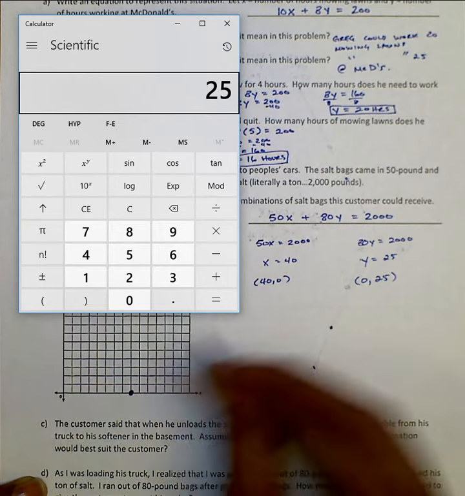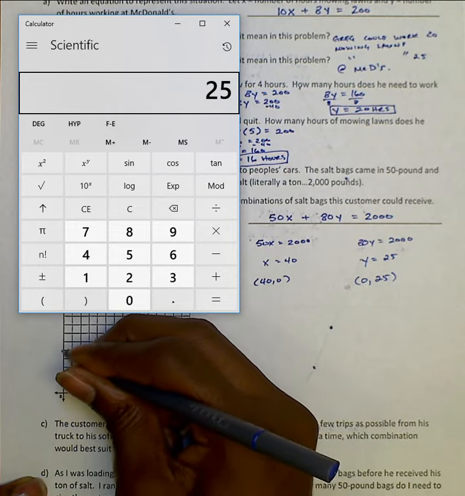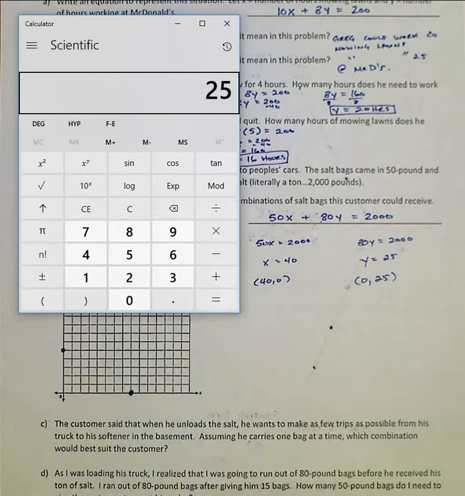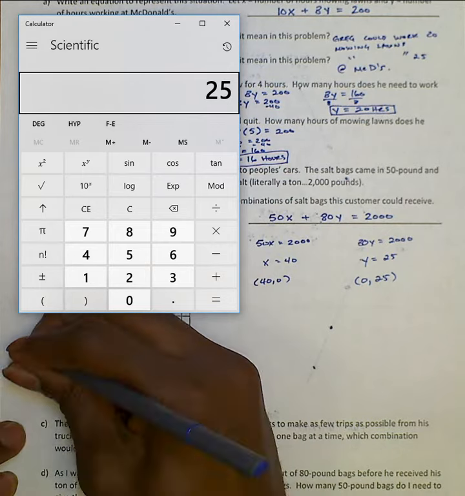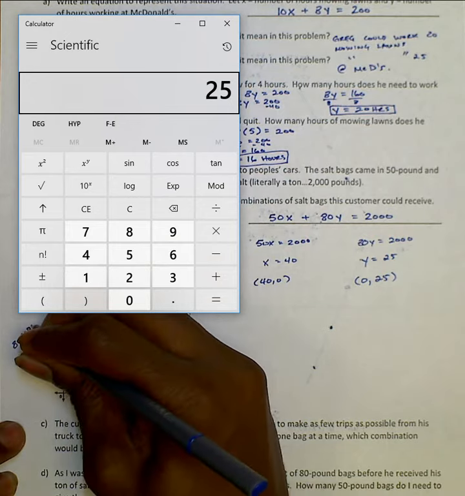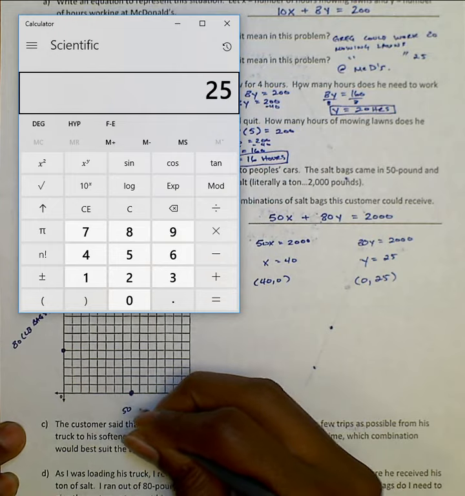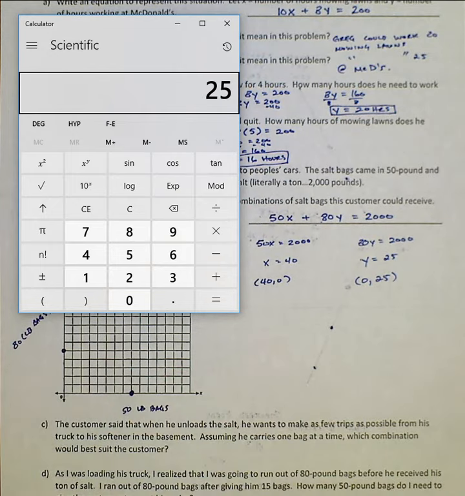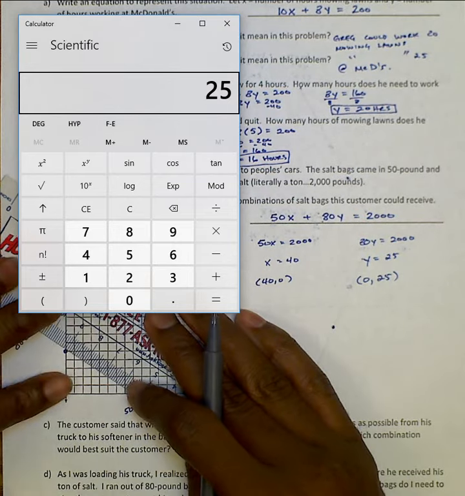I'll do the same thing here with 5, 10, 15, 20, 25. So this would be the y's, and that is the 80-pound bags. And this would be the x's, which would be the 50-pound bags. And then I have my line that contains these 2 points.